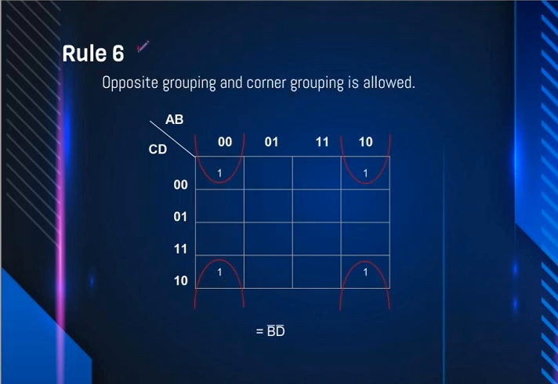So what is the sixth rule? Opposite grouping and corner grouping is allowed. What is opposite grouping? First, in this slide we'll take opposite grouping and corner grouping.